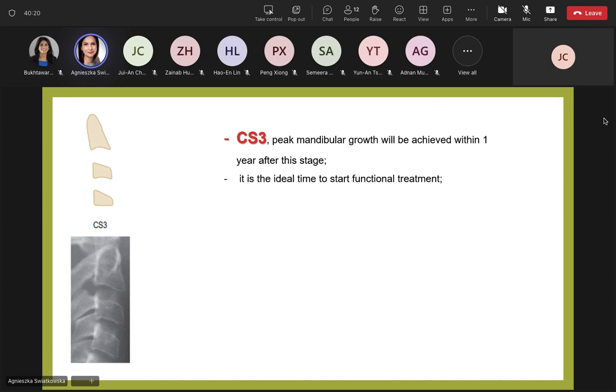That's why this is the best time for functional treatment of class 2.